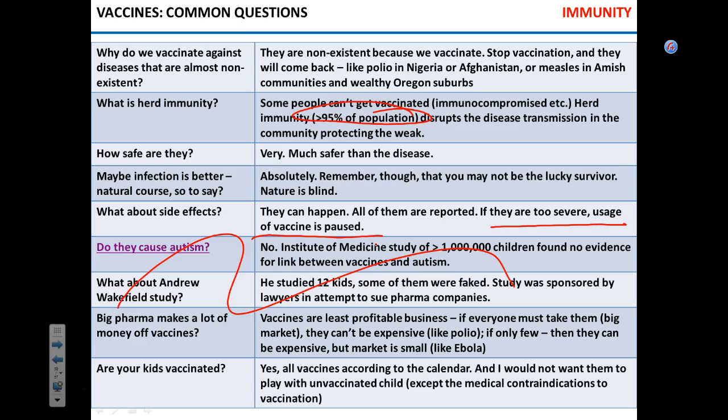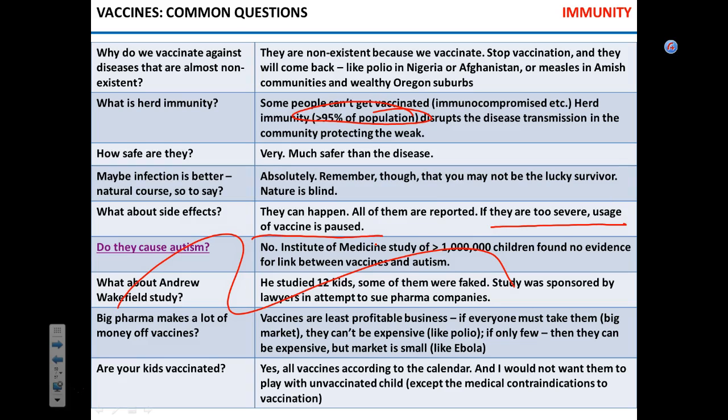Big Pharma. Do they make money off the vaccines? Yes. Don't get me wrong, pharmaceutical companies are not like charity funds. They want to make money. But look, you can't charge a ton for a vaccine.